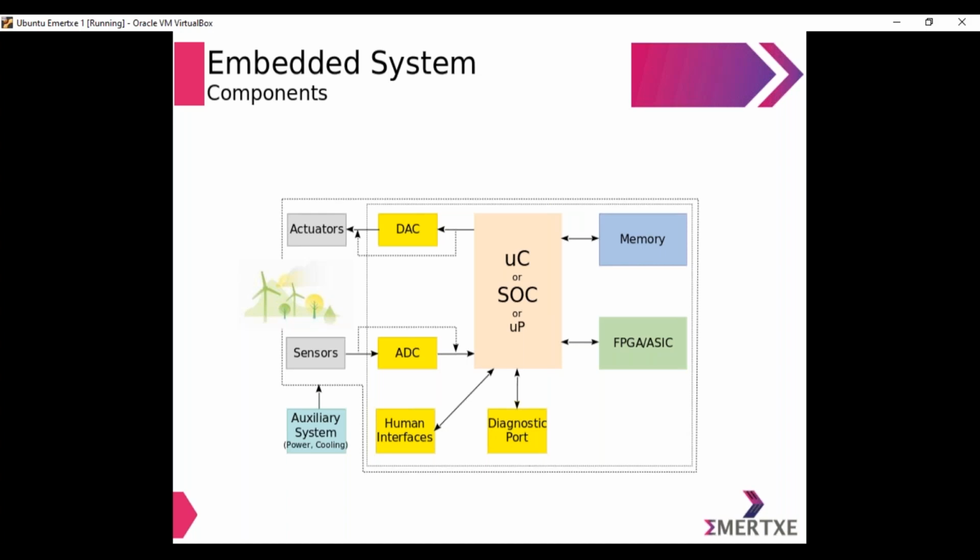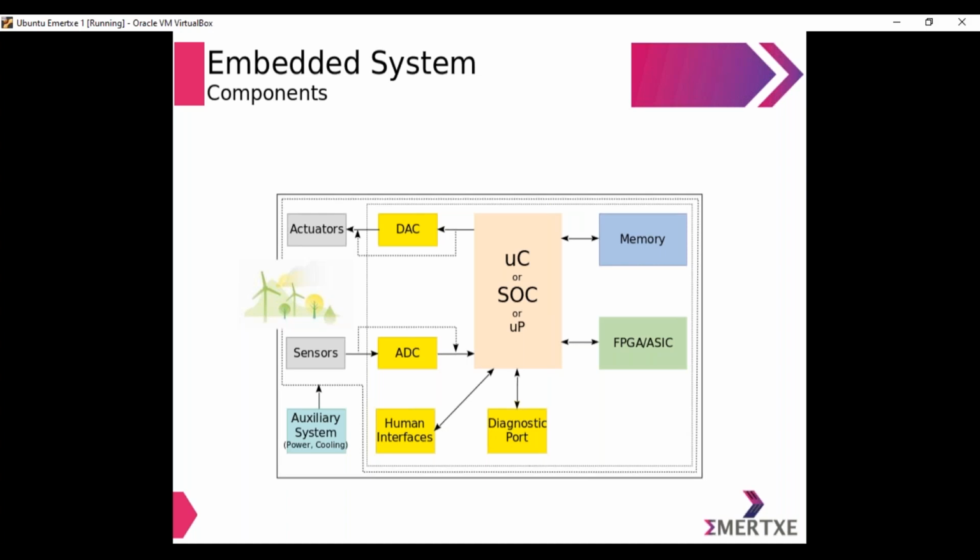If a low voltage device is provided with a high voltage, the device might get damaged. So it is very important to take care of the power system properly, so that the proper power is given to every device in the network. So the power system, the auxiliary system, plays an important role in designing any embedded system.